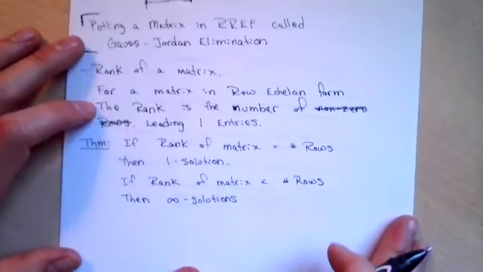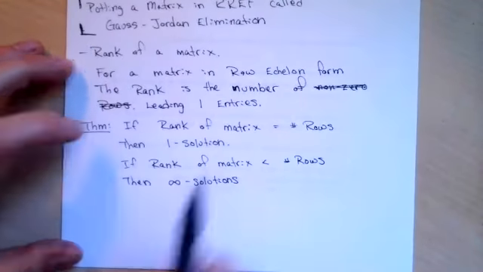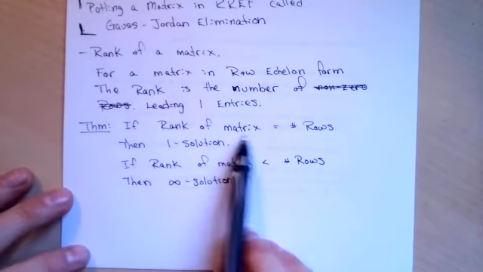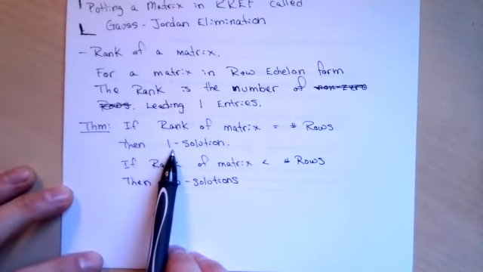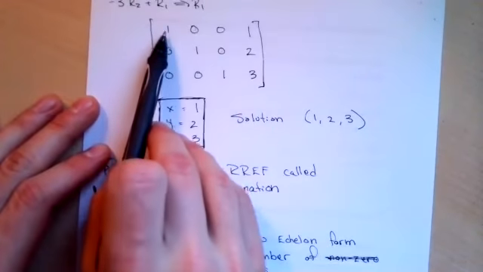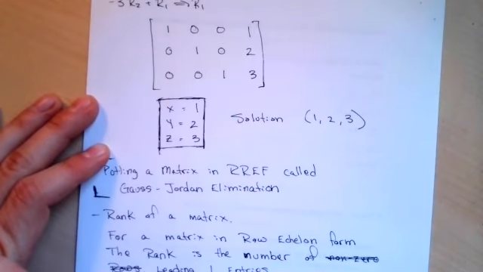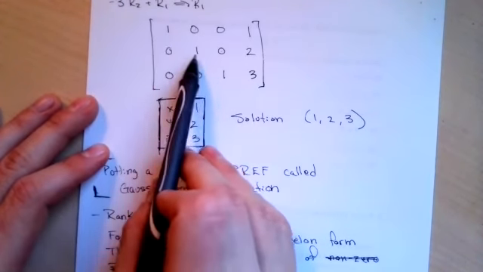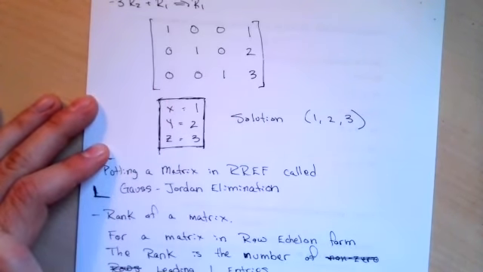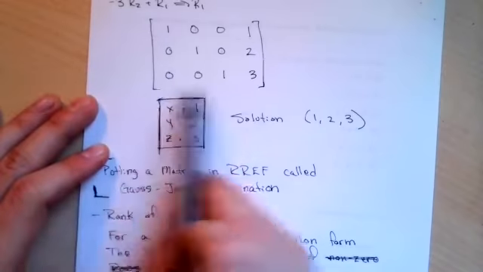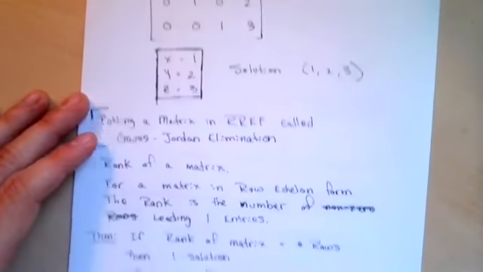And then we've got to be careful about these last two. The first statement is correct. If the rank of the matrix is equal to the number of rows, we'll get 1 solution. As we saw in this last one, we have 3 leading 1s, 1 in each row. So our rank is 3 with 3 rows. Then we have 1 unique solution.